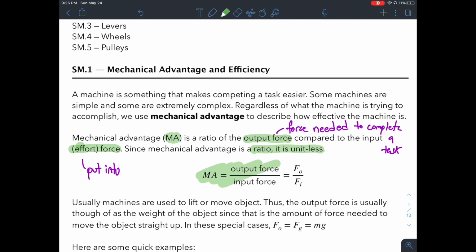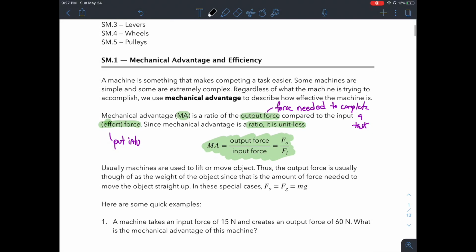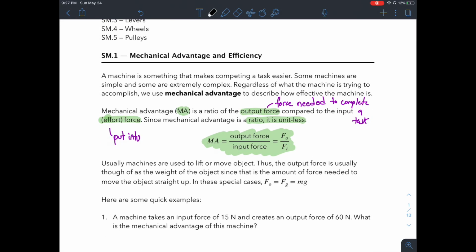So this formula is just a ratio of your output force divided by your input force, which if you like variables, you can call F naught or F zero or F out and F in. So usually these things are used to move or lift an object.